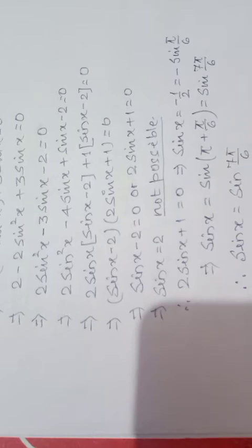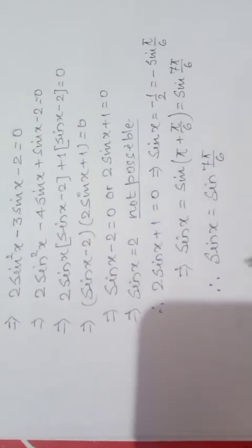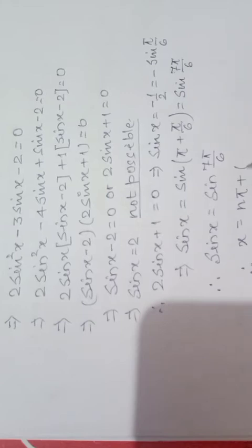So the general solution for sin theta equal to sin alpha will be x is equal to n pi plus minus 1 to the power n into 7 pi by 6. What is n here? n is simply an integer.